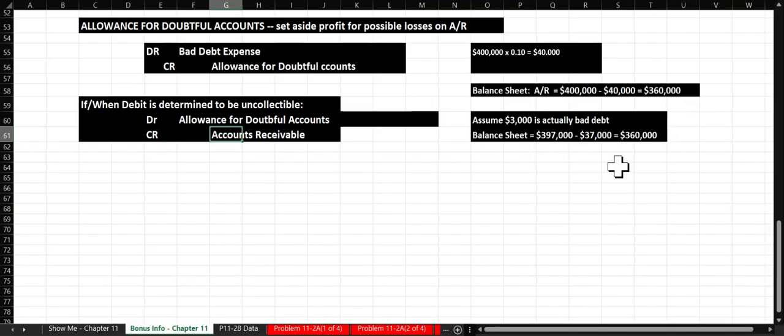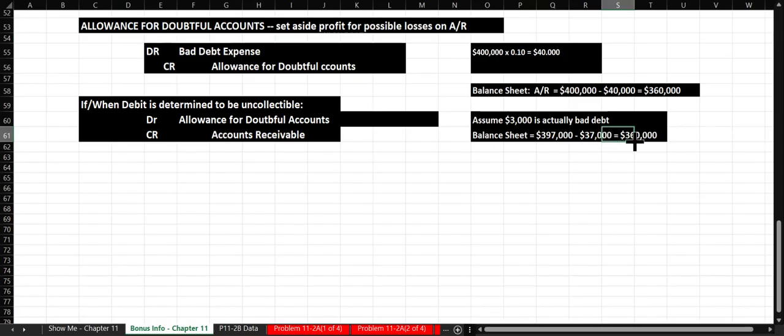So notice that if we made no further changes to our allowance, we kept it at the remaining 40,000 minus 3, so we would have $37,000 left after having written off receivables totaling 3. So now my balance sheet would look like this. I would have the 397,000, which is 400,000 minus the 3,000 that I wrote off.